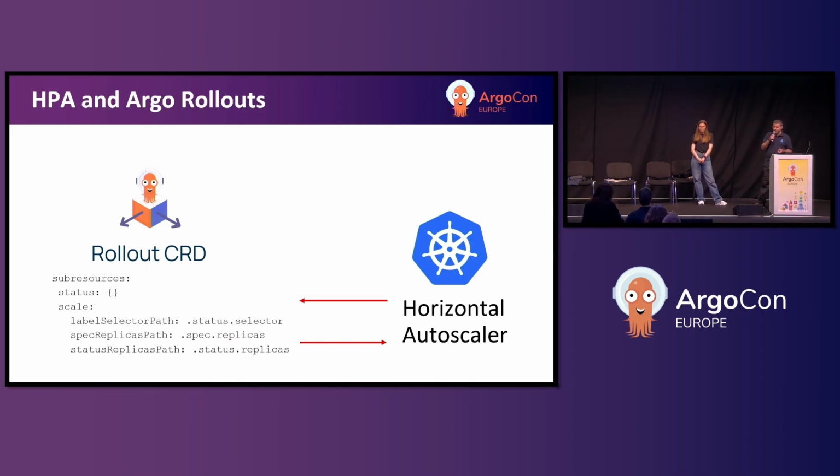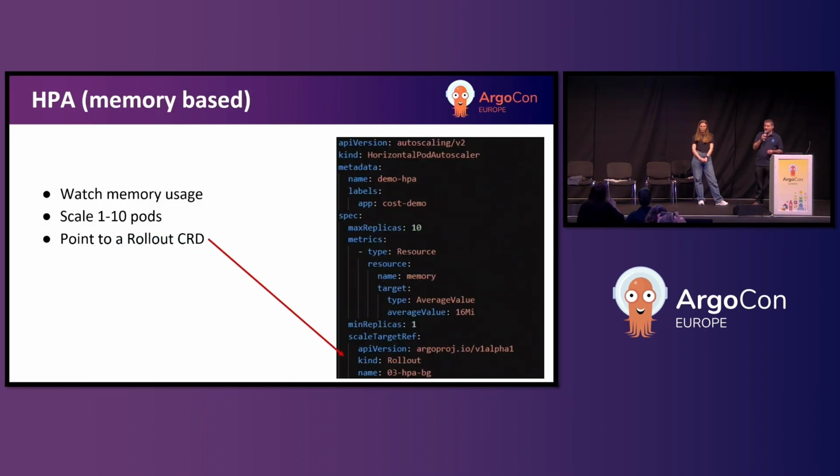The endpoint has 3 properties: how many replicas you have right now, what is the desired number, and what is the status. So because this is already in place in Argo Rollouts, I can create a horizontal pod autoscaler and point it to a rollout, not a deployment, and it just works. So in our example, we have created an HPA configuration with a minimum of 1 pod and maximum of 10 pods.